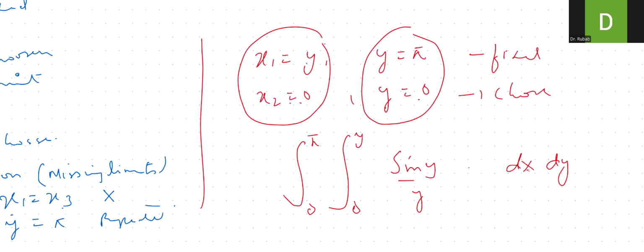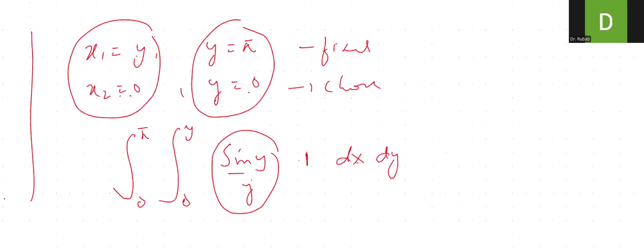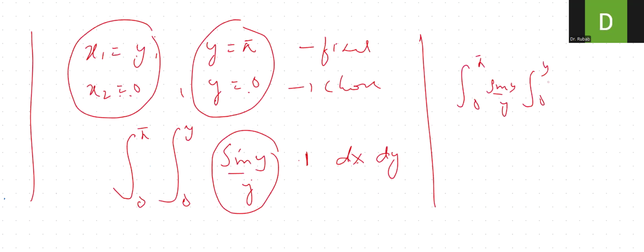Now you can integrate this question. For integration, sine y over y is constant. We have to integrate 1. The integration becomes easy. 0 to pi, sine y over y comes outside, 0 to y dx. The x integration is x from 0 to y.